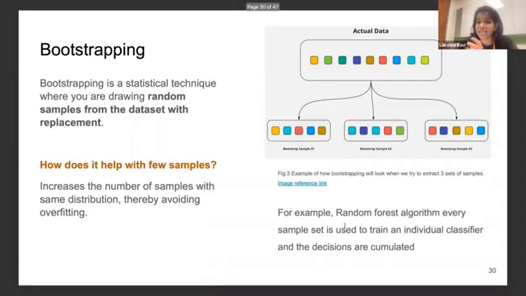So bootstrapping is the core concept which random forest relies on, also called bagging, which is randomly drawing from the same set of samples again and again. For an algorithm like random forest, it builds several classifiers from a limited set of samples by repeatedly drawing from it 100 times or 200 times. It is able to generalize very well for the same set of samples.